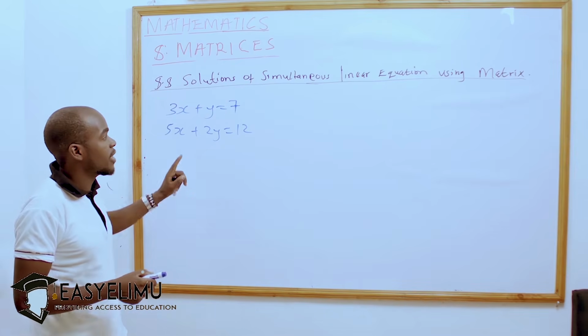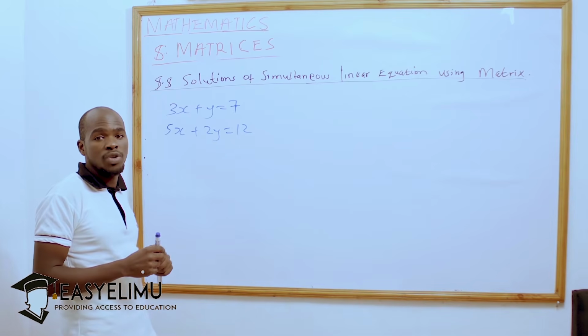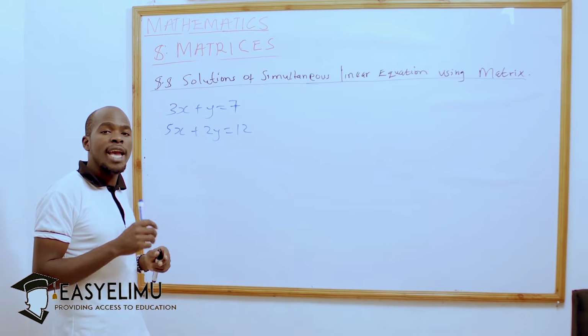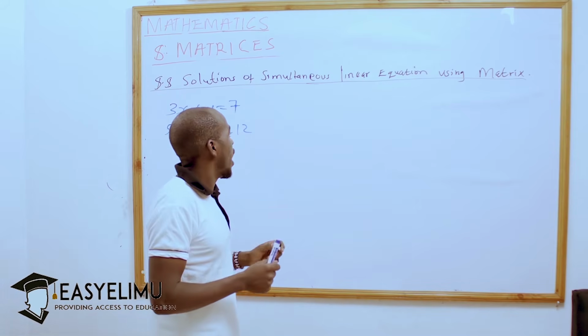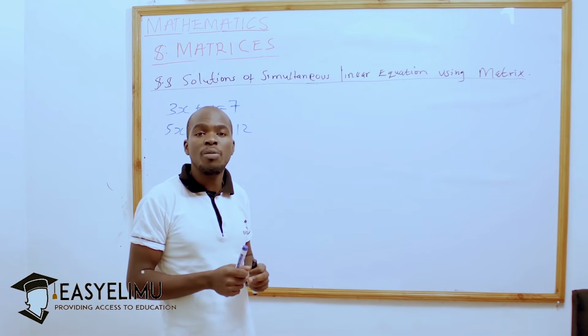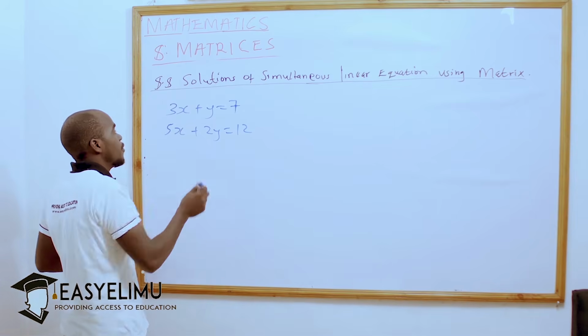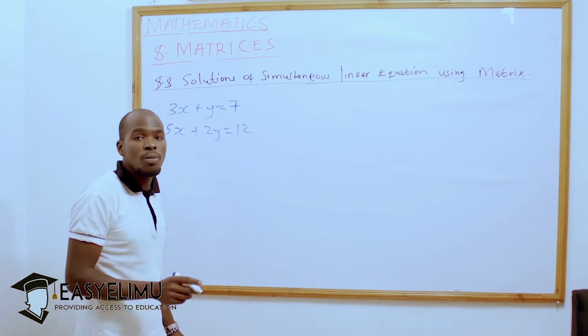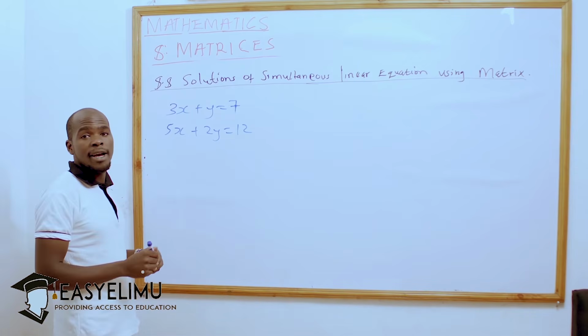But for this case, we are going to use a matrix method to solve these equations. You can use a matrix method to solve any kind of problem that involves simultaneous equations. For this instance, we need to form 3 matrices from these 2 linear equations.